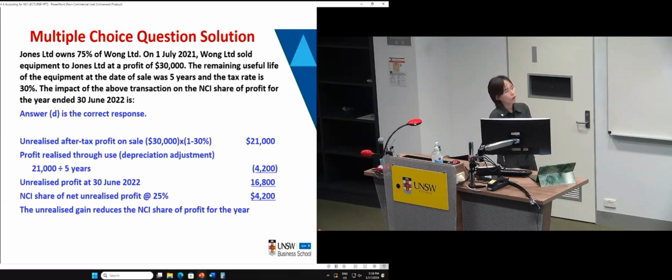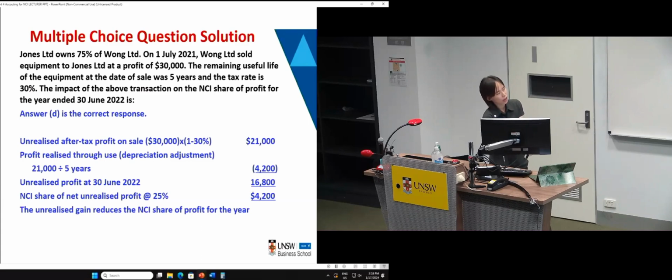So the total unrealized profit by end of the current year is 21,000 minus 4,200 already realized, so the remaining unrealized profit is 16,800. Now, your elimination entry therefore effectively reduces the group profit by 16,800 because they are remaining unrealized profit and required to be eliminated. Okay.